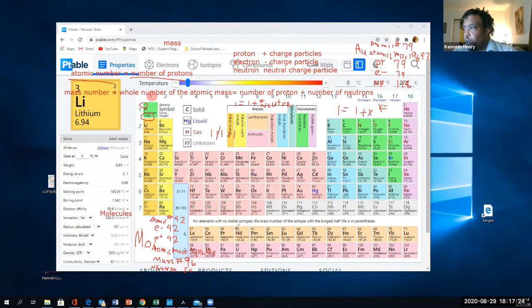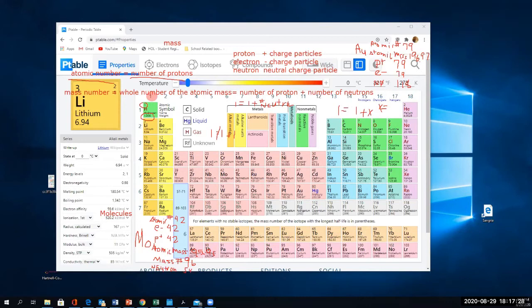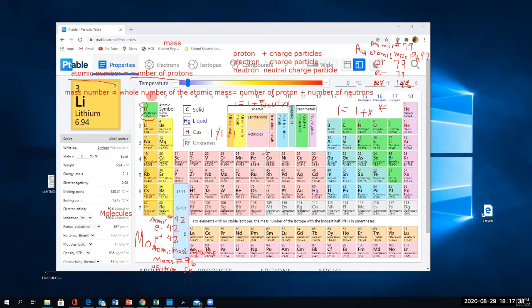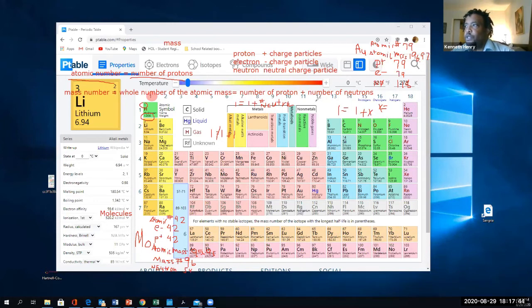And then what is its atomic mass? 196.97. What's the whole number for 196.97? 197. So 197 is going to be equal to the number of protons plus the number of neutrons.